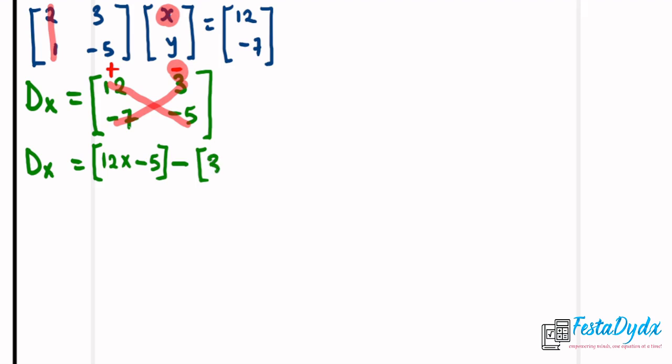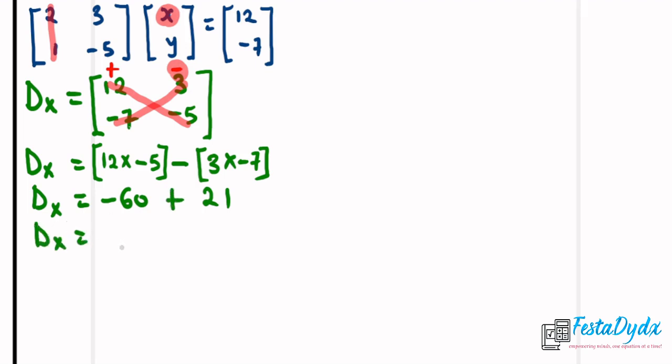Now let's multiply that. 12 times minus 5 is minus 60. And then we have minus, and 3 times minus 7 is minus 21. Let's not forget that minus times minus gives us plus. So our Dx becomes minus 60 plus 21, which gives us minus 39.